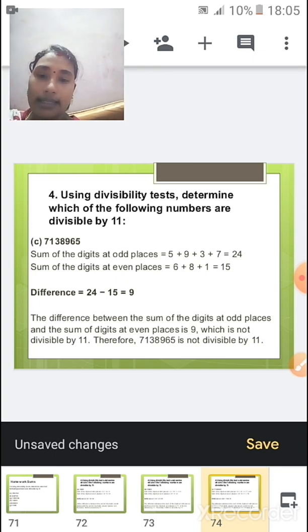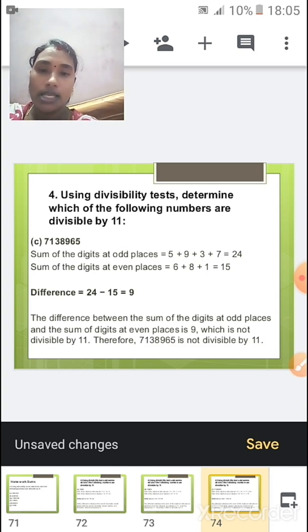So when you're adding the numbers that are present at the odd places, you get 24, and when you're adding the numbers at the even places, you get 15. And 24 minus 15 gives you 9. So 9 is not a multiple of 11. So the number is not divisible by 11. So 7 crore 13 lakhs 89,065 is not divisible by 11.